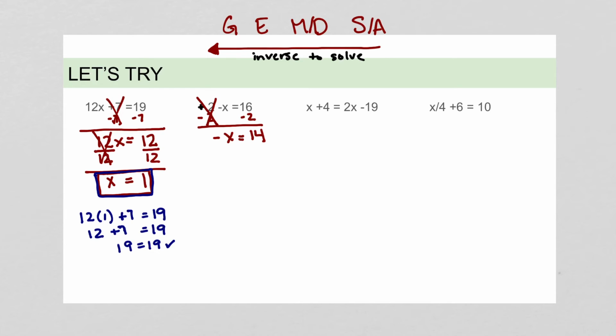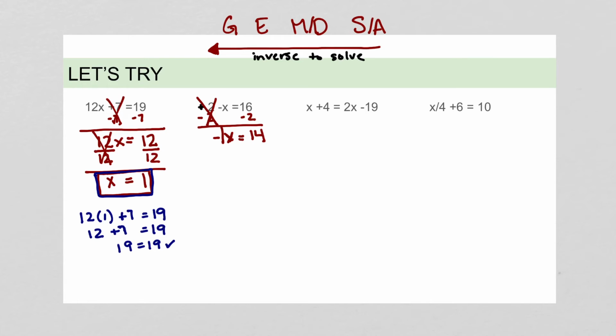So I want you to notice that we haven't finished yet. We do not have a single copy of x alone on one side. And that's because what we have is a negative x, which is the same thing as negative 1 times x, okay?